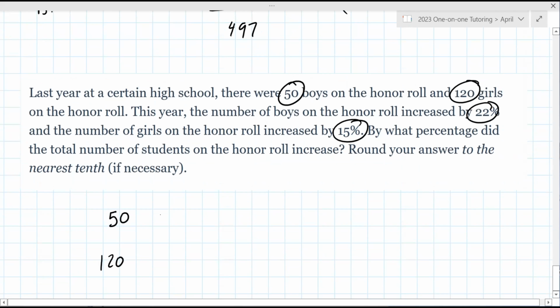The first one is 11 and the second one is 18. Okay, that's good. So you're going to take those two numbers, 11 and 18, and divide by the original totals.